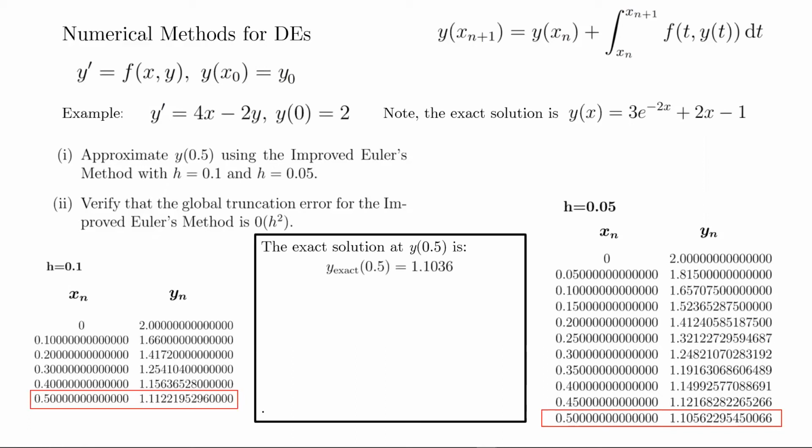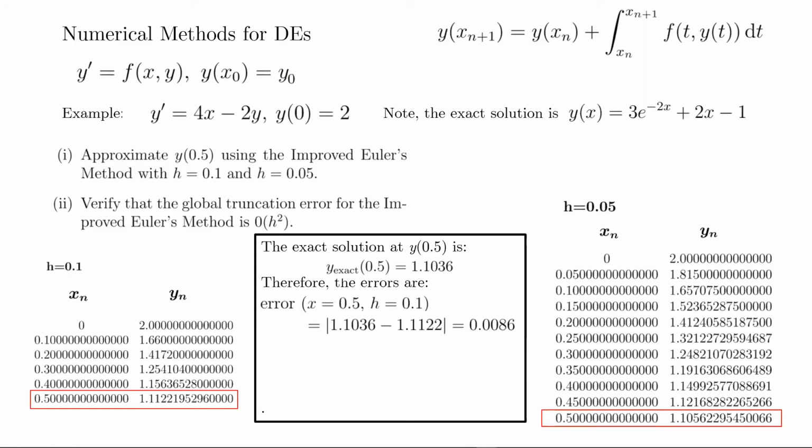Okay, well, the exact solution when x equals 0.5, I can use that in my analytical solution up here. I can put x equals 0.5 into that, and if I do, I get y at 0.5 is equal to 1.1036. Okay, so you can already see that halving the step size has increased the accuracy.